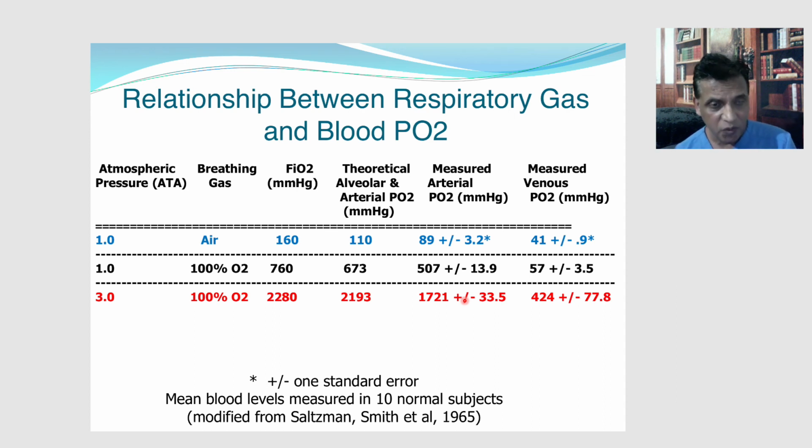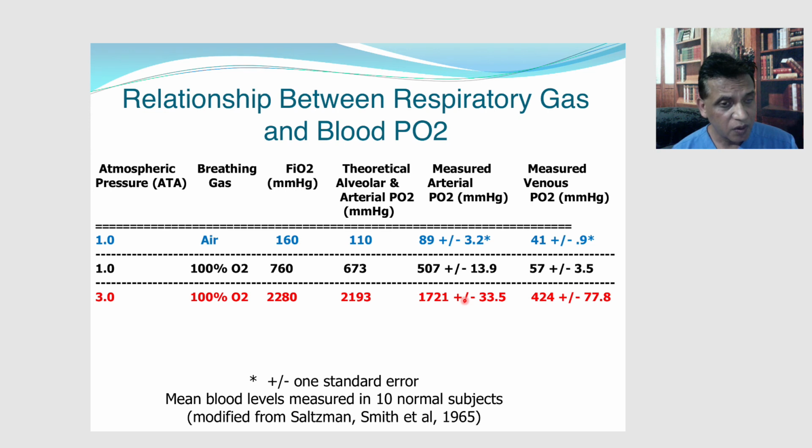So these experimental data validate our theoretical calculations that when an individual is breathing pure oxygen at elevated pressures, anywhere from 1 plus to 3 atmospheres, there's a commensurate increase in the amount of oxygen that is delivered by the cardiovascular system to the tissues.